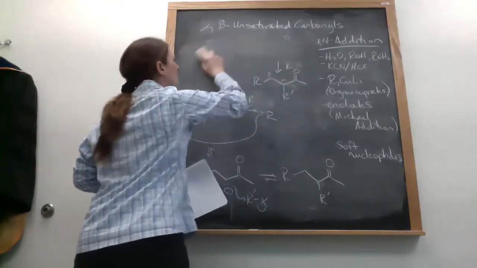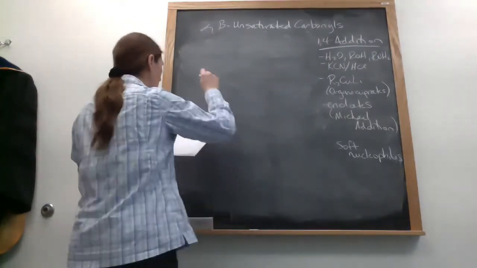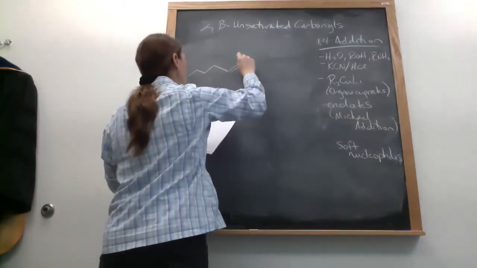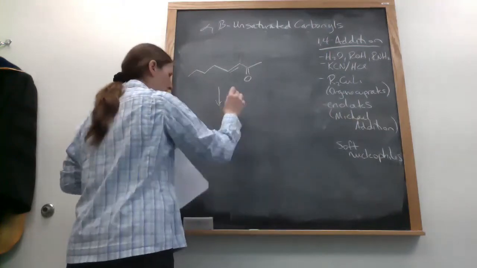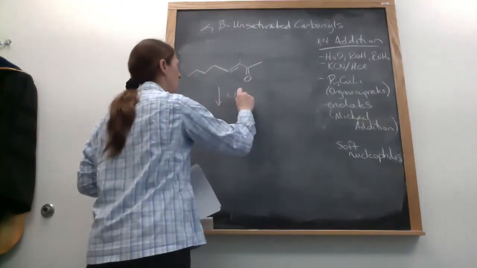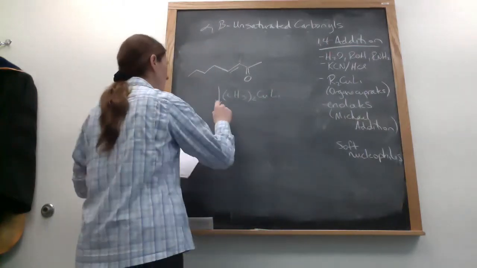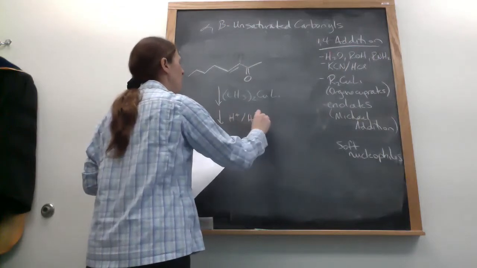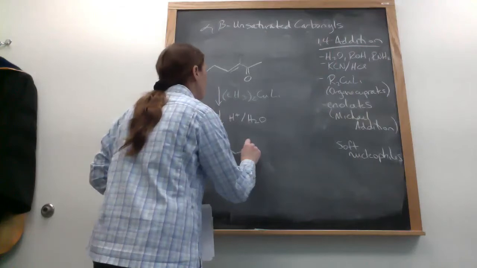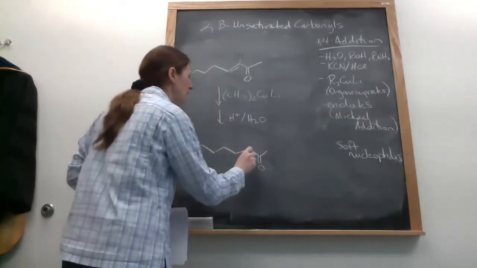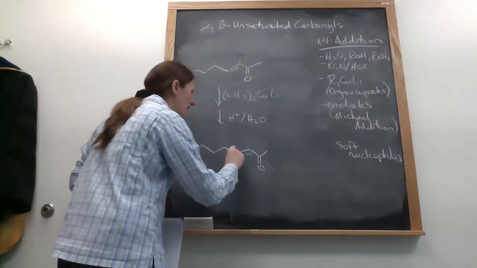Okay, so let's do 2 specific examples so you can see what this looks like. For example, here's my carbonyl, and I'll make this colored. If I do (CH3)2CuLi and just follow that up with H+ and water, that's just going to protonate the intermediate enolate. The end result of that is my carbonyl stays intact, and at the beta carbon is where I'm going to add that R group.